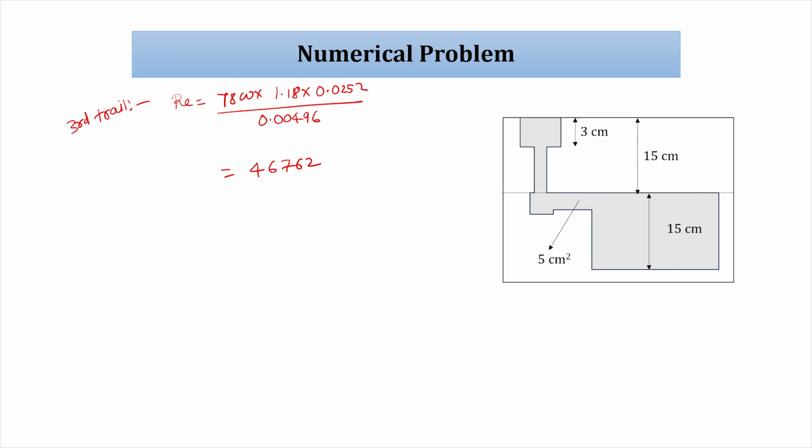So, we have to see what is happening, whether it is converging, whether CD is going to be constant or not, whether velocity is going to be constant or not in the third iteration and so on. If it is not converging properly, you have to do lots of iterations, okay.